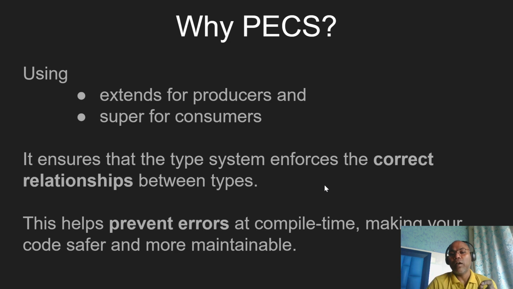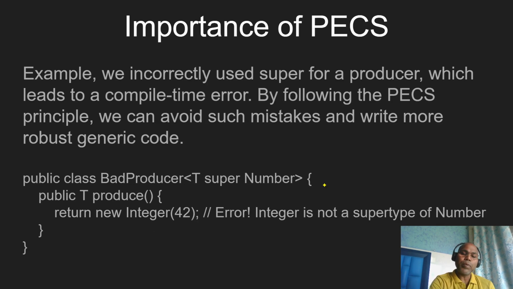So overall, the purpose of the PECS principle is that developers ensure they make a correct relationship between the bounded types. And if the developer makes the correct relationship, it helps us avoid compile time errors in Java. So let's talk about some importance.